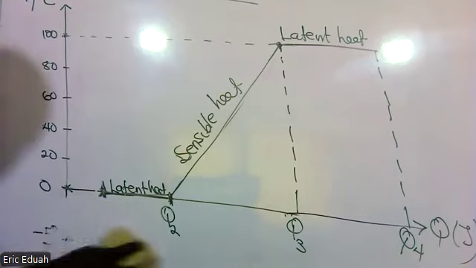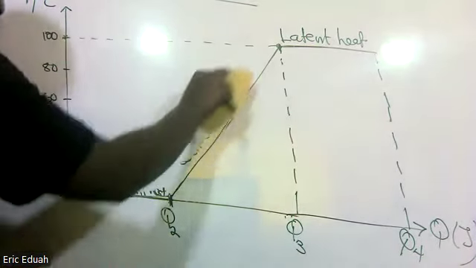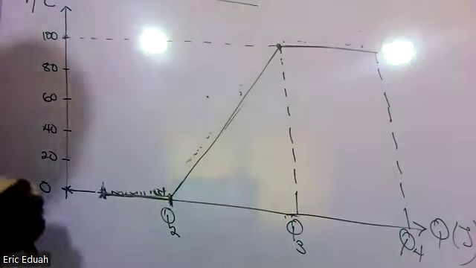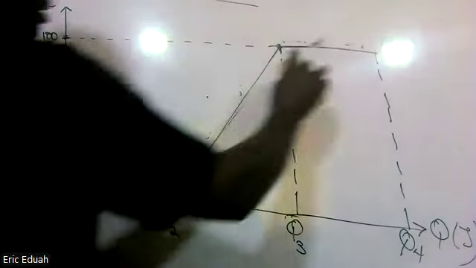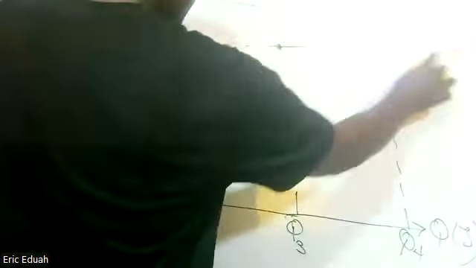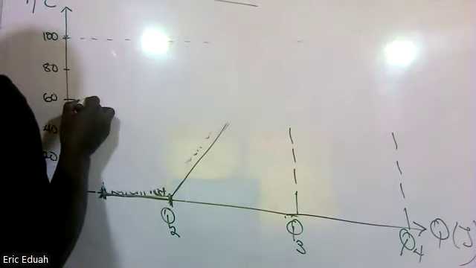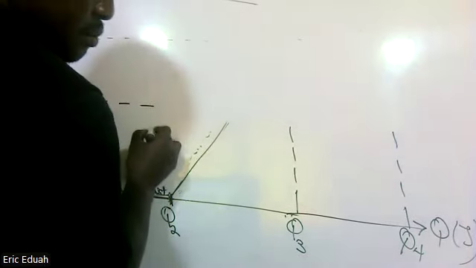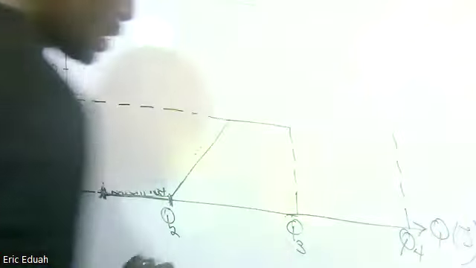It starts at 0, so this part will not come. Let me clear those details. So the temperature, let me reduce the gradients of the graph. Here.